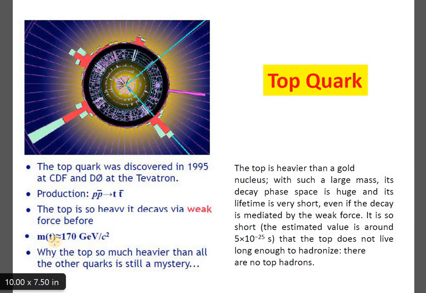But one thing is important: this quark is much heavier than a gold nucleus, and with such a large mass, its decay phase space is huge and its lifetime is very short, even though the decay is mediated by the weak force. The estimated value is around 10 to the power minus 25 seconds, so the top does not live long enough to hadronize, which means there are no top hadrons.